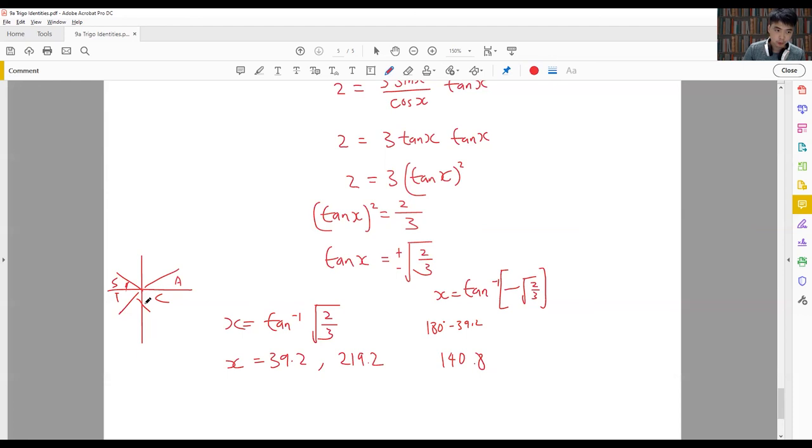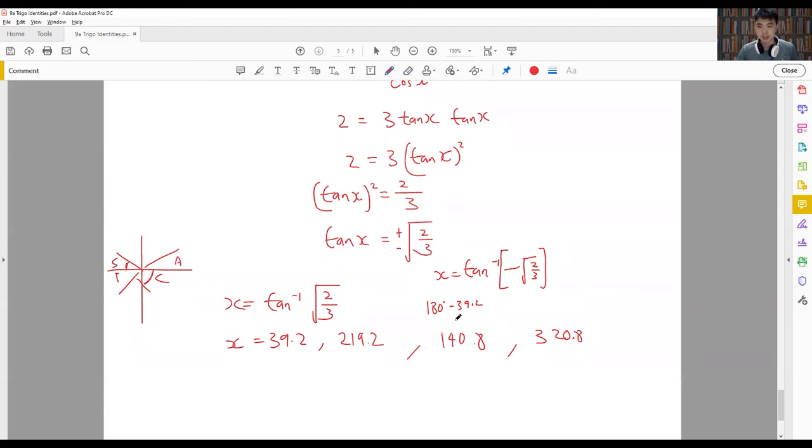And also for this quadrant here, because it is negative, you use 360 minus 39.2, which is going to give you 320.8. And these will be the 4 answers for x in this question.